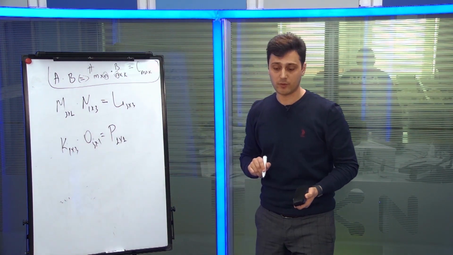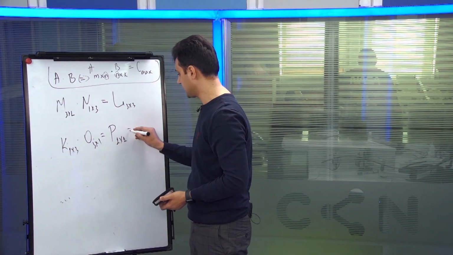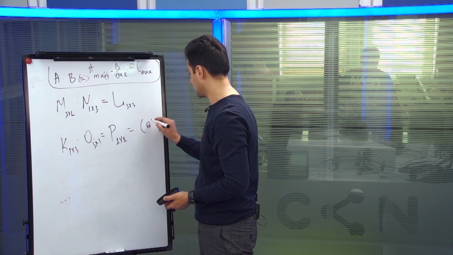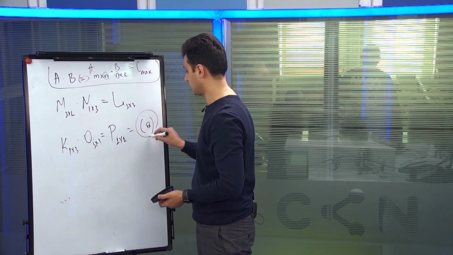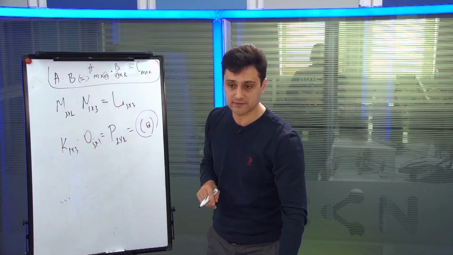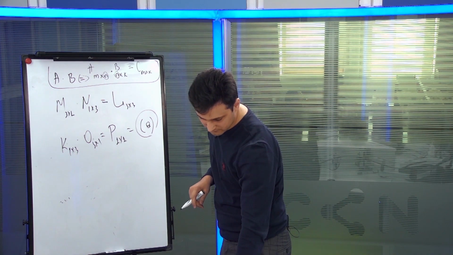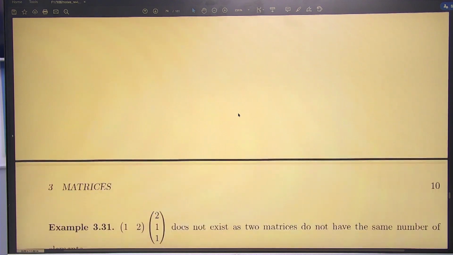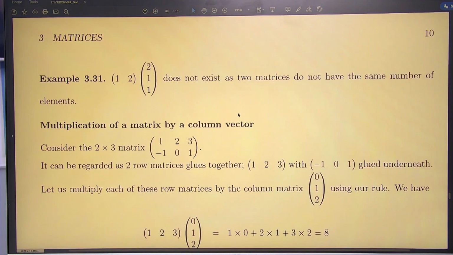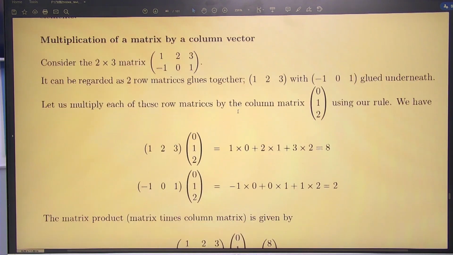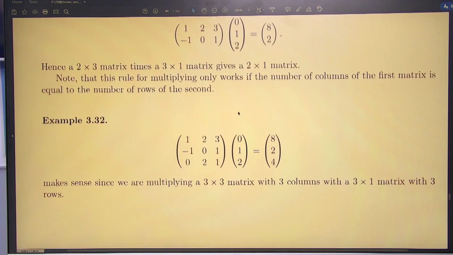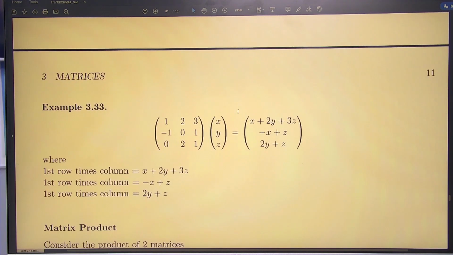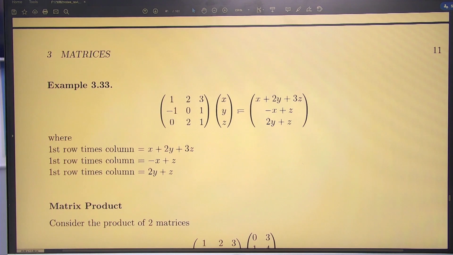So this is a 1 and 1 matrix, not the element. So this will be something with A in matrix form, not as a scalar, right, guys? Not a scalar. Well, multiplication of a matrix by a column vector. We already generalized this. So this formula is for all cases.